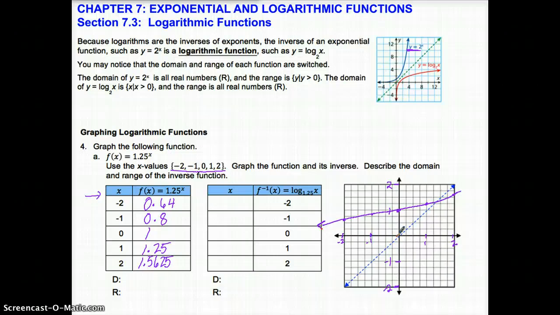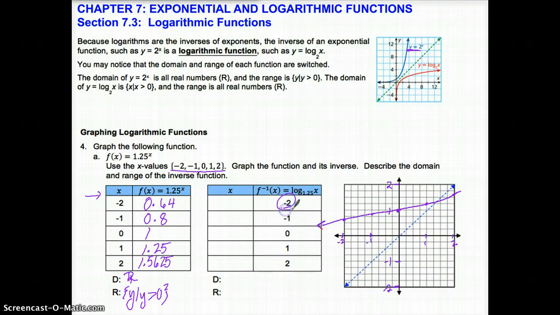So when we take a look at this, our domain, or our values that are possible for x, are all the real numbers, but the range is going to be all y's such that y is greater than 0. So when we now rewrite this and create our inverse function written in logarithmic form, once again, we're still saying exactly the same thing.